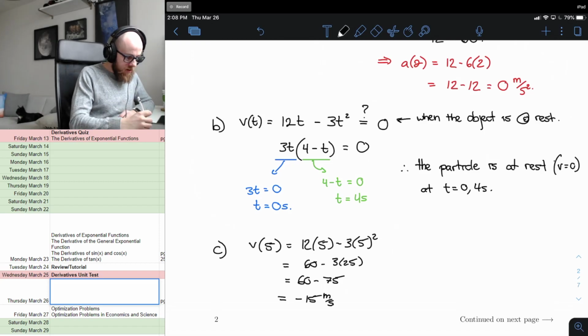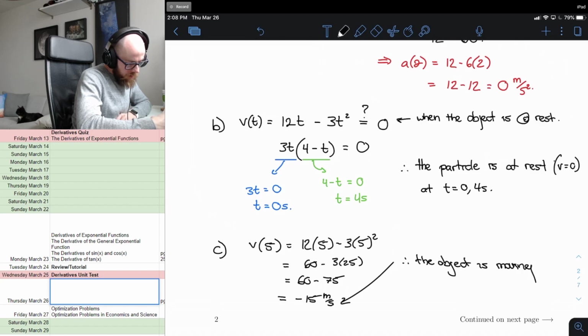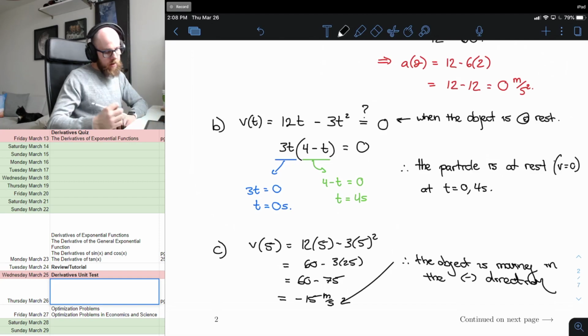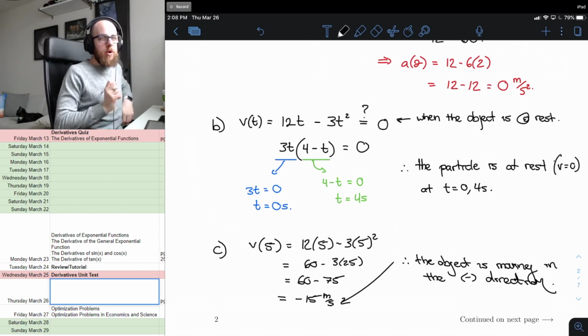Okay, and what that tells us, therefore, is that the object is moving in the negative direction. Okay. So the sign of the velocity function tells us which way it's moving.